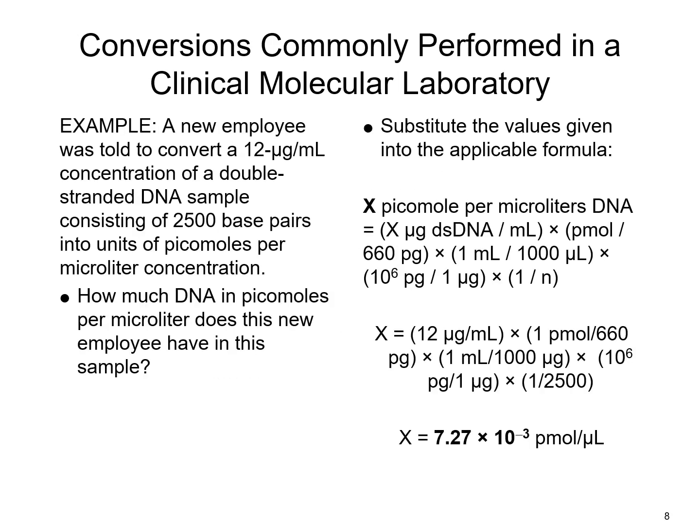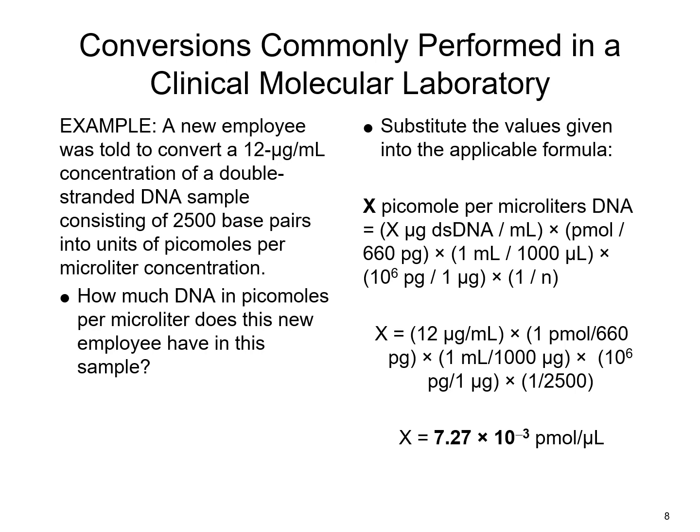So here we have an example where we would use some of these formulas. A new employee was told to convert 12 micrograms per ml concentration of a double-stranded DNA sample that contains 2,500 base pairs into units of picomoles per microliter concentration. So we want to know how much DNA in picomoles per microliter this new employee has in this particular sample. We would substitute those values and apply them to the formula.